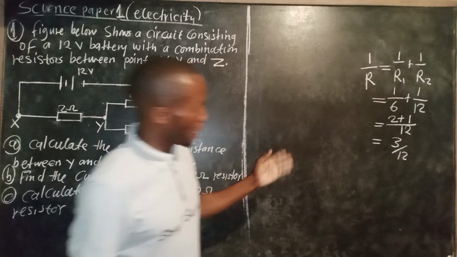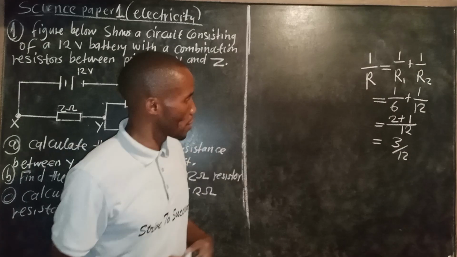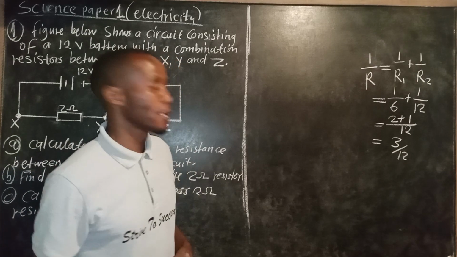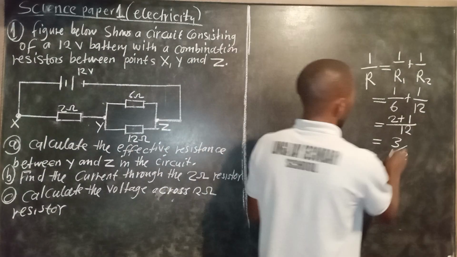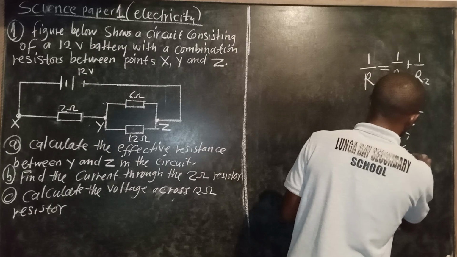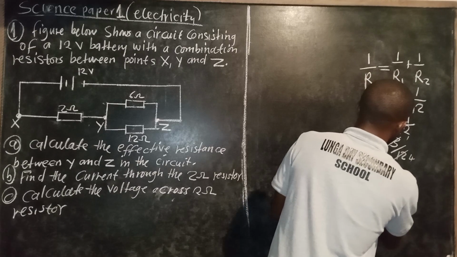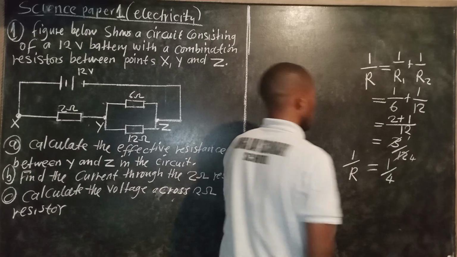So when you look at that fraction, we can still simplify further because there is a common number that can go into 3 and 12 without leaving a remainder. And that number is 3 itself, because 3 can go into 12. So 3 into 3 is 1. Then 3 into 12 is 4. So here, therefore, we are going to have 1 over 4. And that is the parallel resistance.